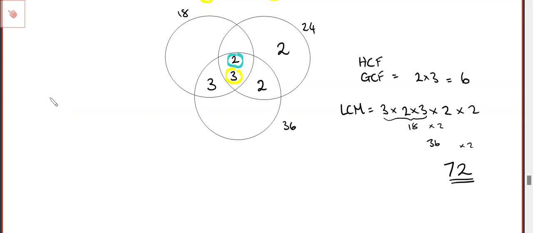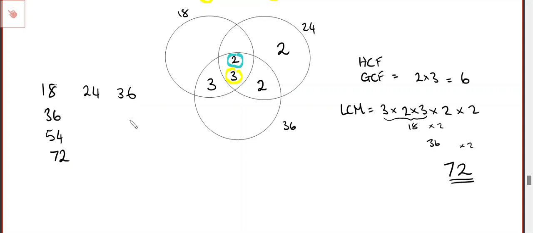Now, of course, with this one, just like before, it's not actually that hard to realise, okay, I could just write out the multiples of 18: 18, 36, 54, then 72.